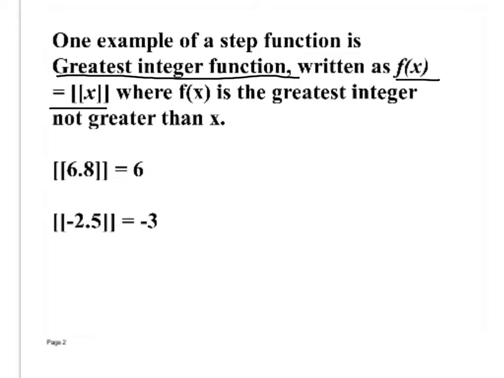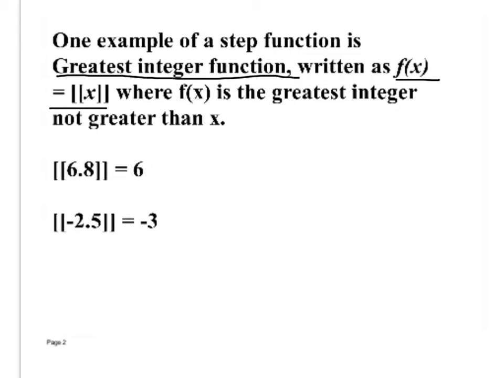So inside the double brackets, you look at what x is. What we want is the greatest integer not greater than x. So if the double bracket signs are on 6.8: integers are like whole numbers, but with negatives, so -3, -2, -1, 0, 1, 2, 3, 4, 5, 6. Those are all integers.